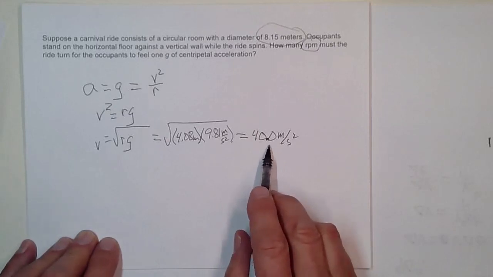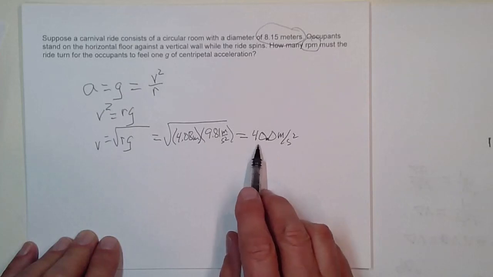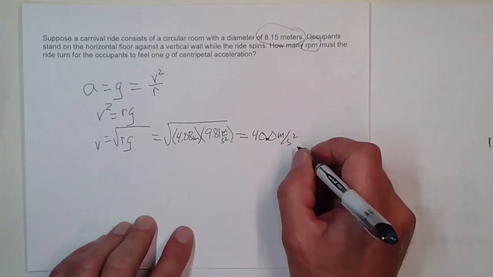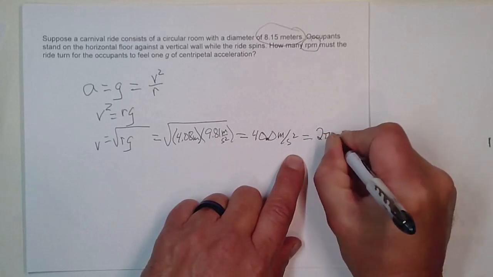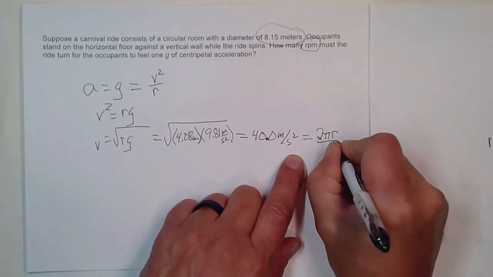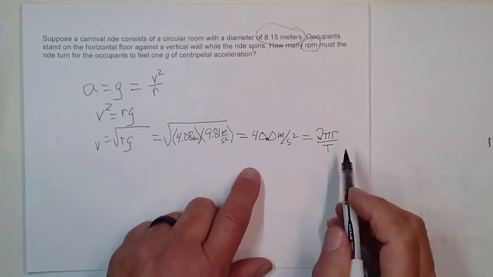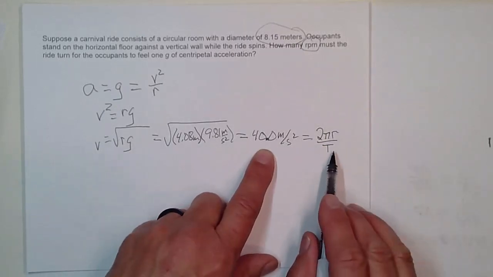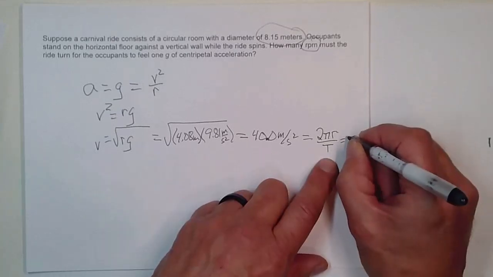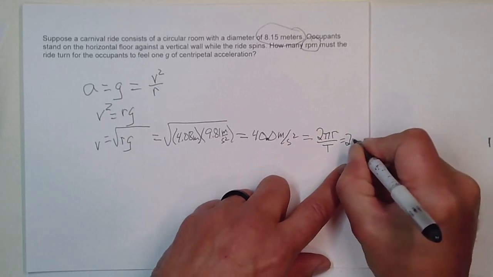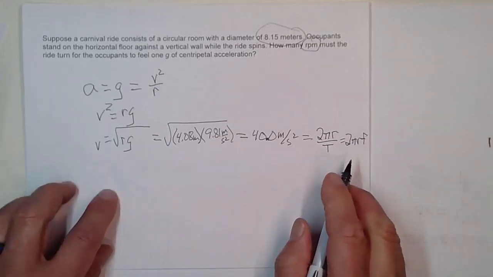Zeros to the right of a decimal point, if they are also to the right of a non-zero number, are significant. Now, that speed is going to equal 2 times pi times r divided by the period of rotation. Okay, how long it takes you to travel one circle. We can work with that and figure out what the period must be, or the reciprocal of the period, I've pointed this out, is 2 pi r times the frequency.